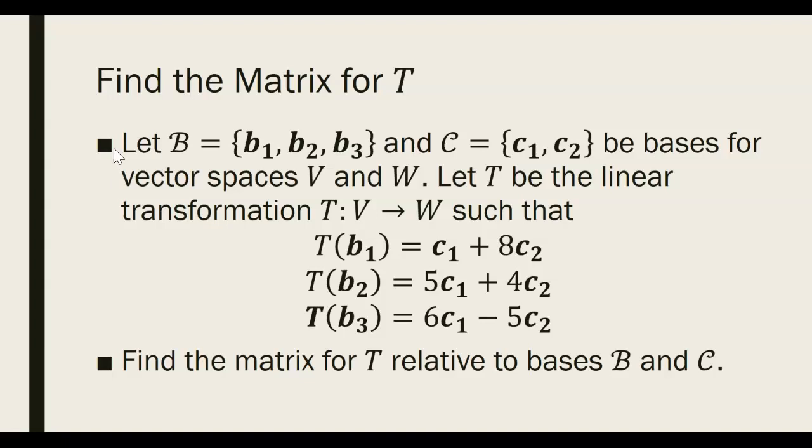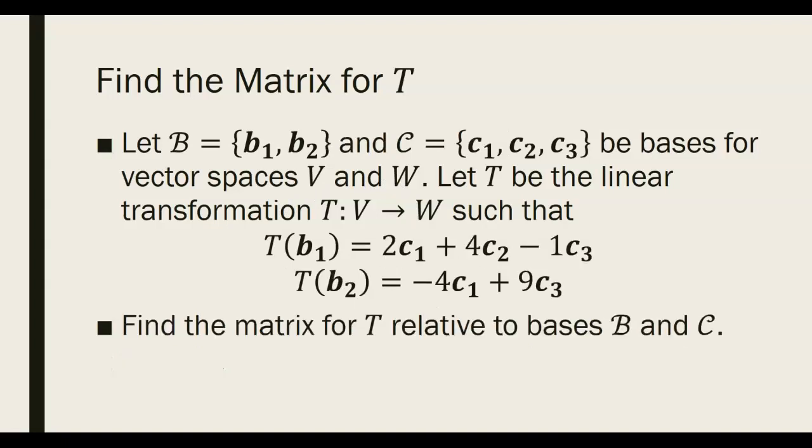All right, so hopefully you went ahead and did that. We wanted to find the matrix for T relative to bases B and C. By the way, these must be different vector spaces, V and W, than we had in our last example, because in our last example, V was a two-dimensional vector space because it only had two basis elements creating it.